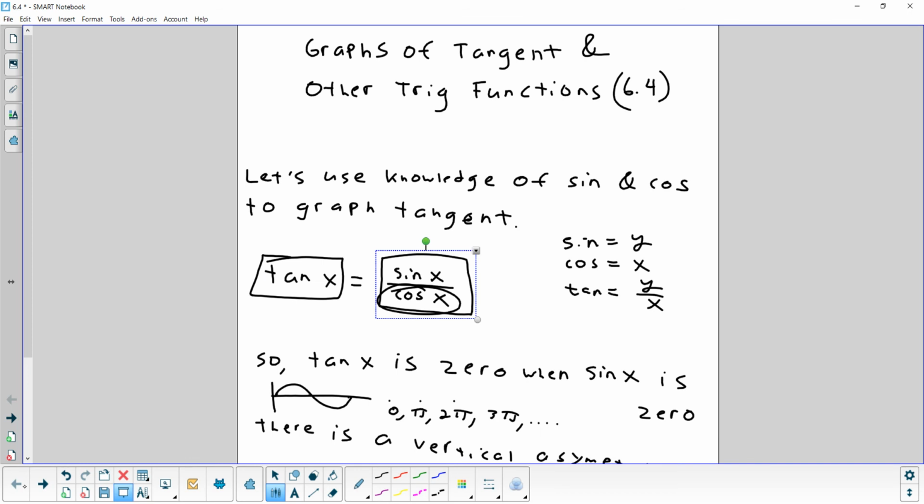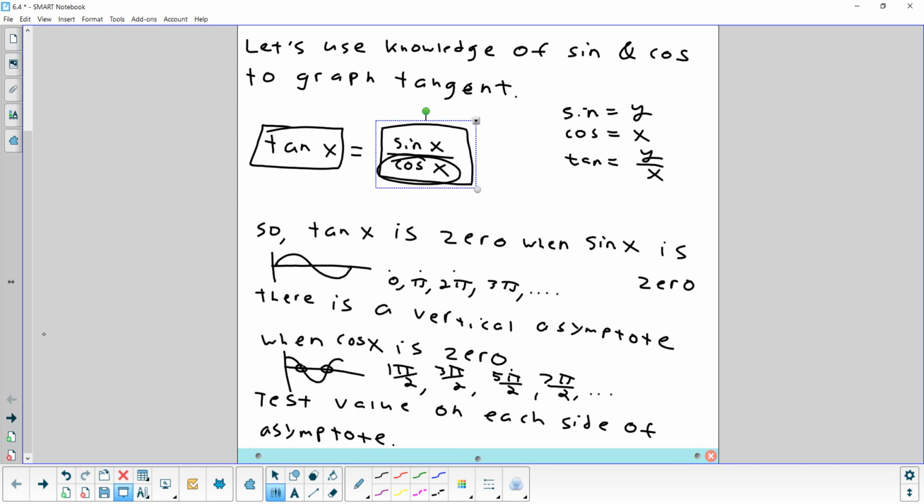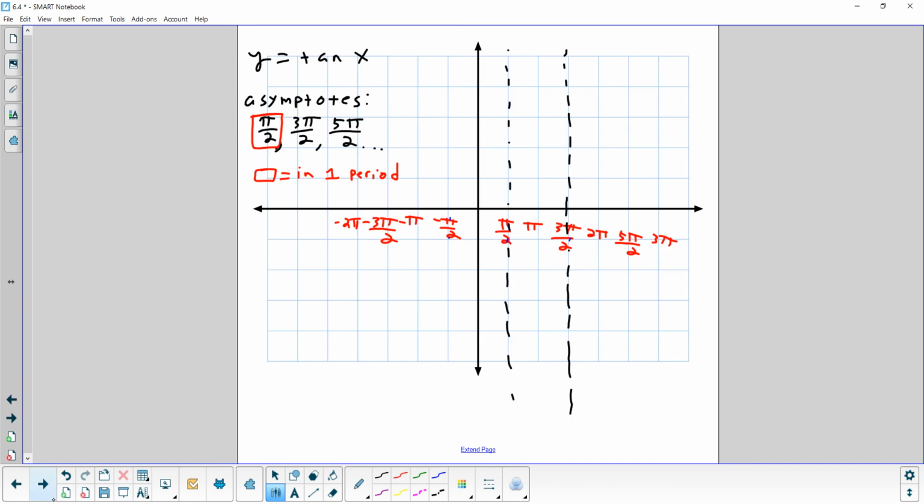And we know that pi, which is exactly right in the middle, is a root. It's a 0. It's an x-intercept. So the graph is going to go right through there. Now, let's check a point just a little bit to the right of asymptote 1, and let's check a point to the left of asymptote 2 and see what we get.